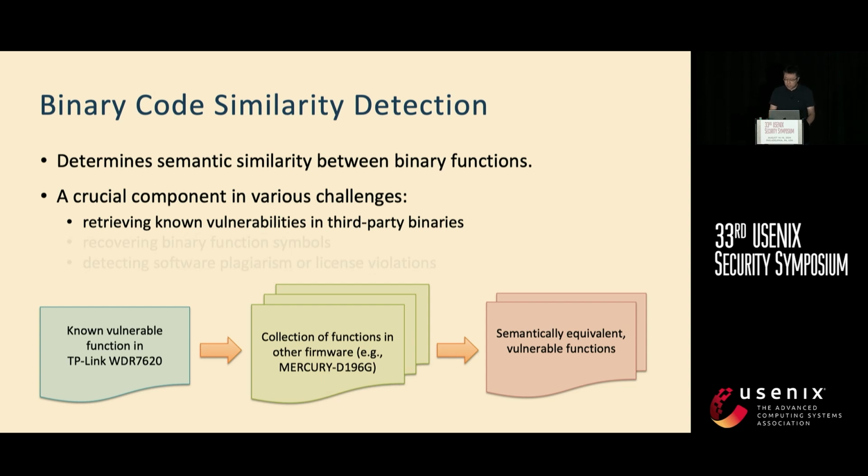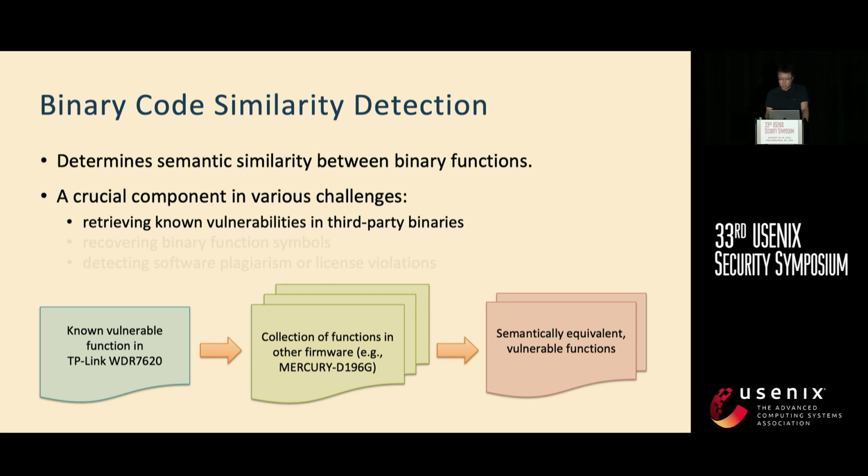Binary code similarity detection serves as a crucial component in addressing various important challenges. For instance, consider a scenario where we have a bunch of vulnerable binary functions from closed-source firmware, and we want to see if these vulnerabilities still exist in any other relevant devices.